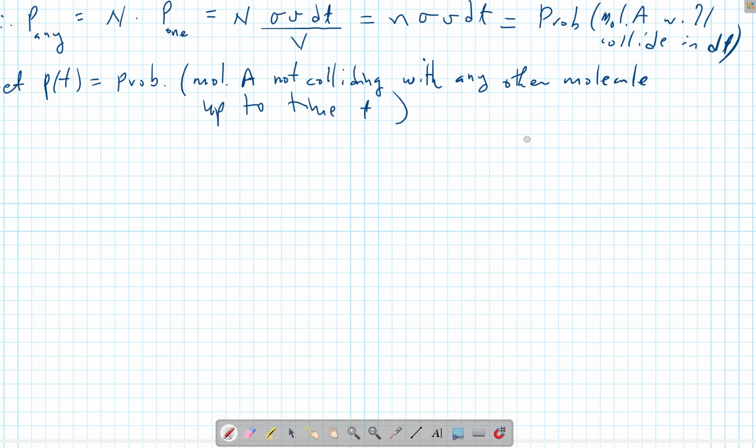So time interval t, no collision. Let's say from 0 to t, no collision. So what is this probability?